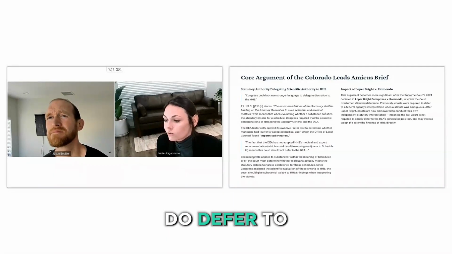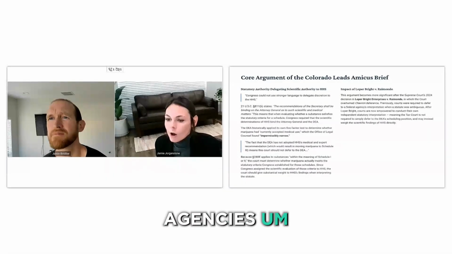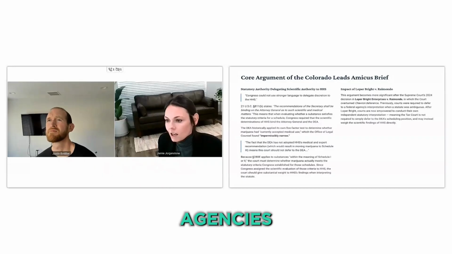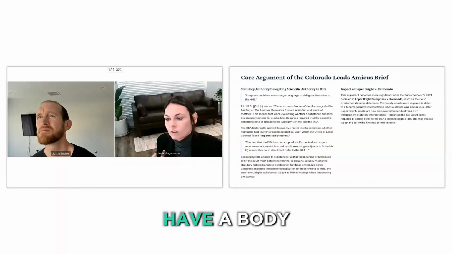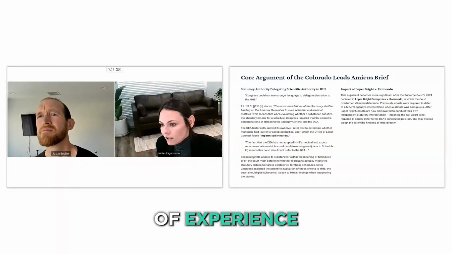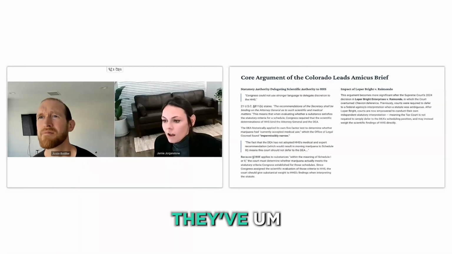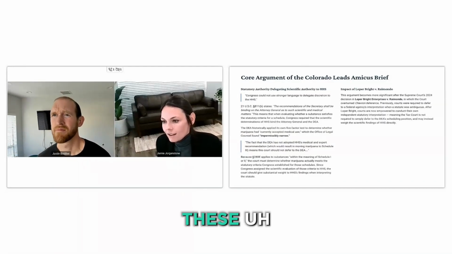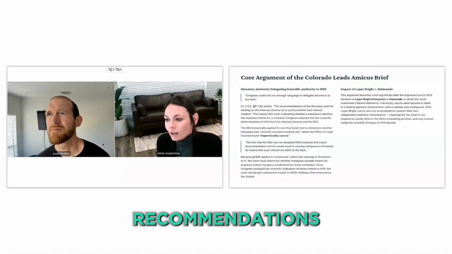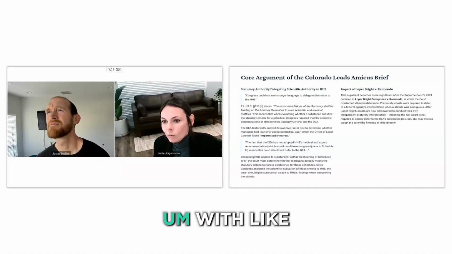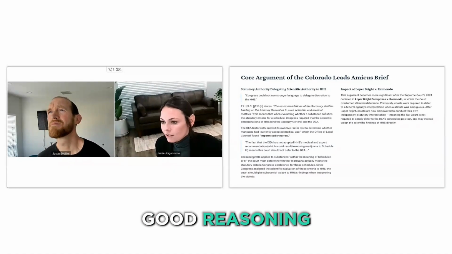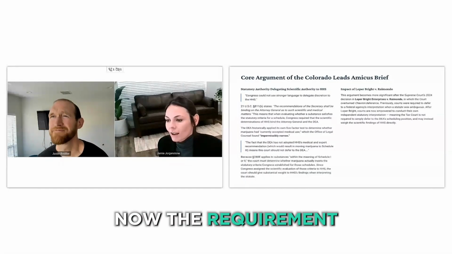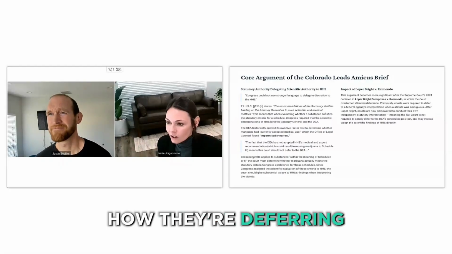They still do defer to agencies that have a body of experience and expertise, and if they've made these recommendations with good logic and good reasoning. That's all actually part of the requirement of the courts now, how they're deferring and when they're deferring.